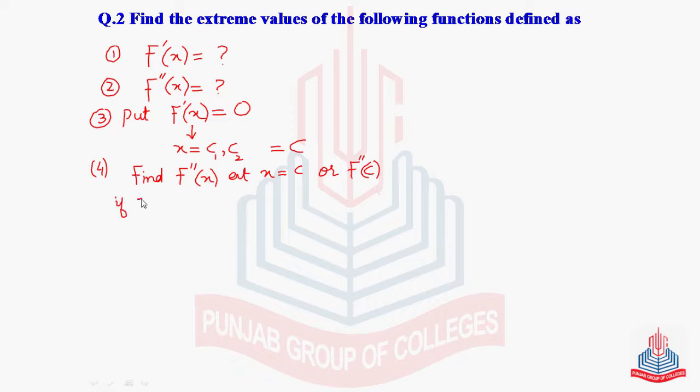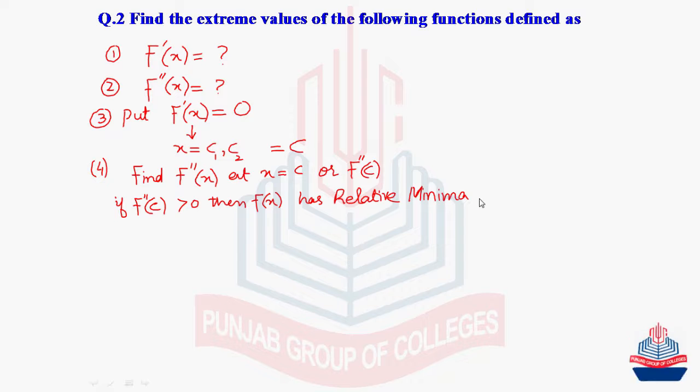And if this second derivative at x equal to c is greater than 0, then our given function f of x has a relative minima.